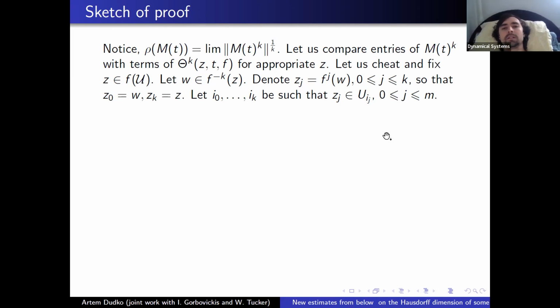And if our initial point is inside the domain U, or rather its image, then we can mark which regions of our Markov partition we visit. So let i0, etc., ik be such that zj is inside U_ij for each j.